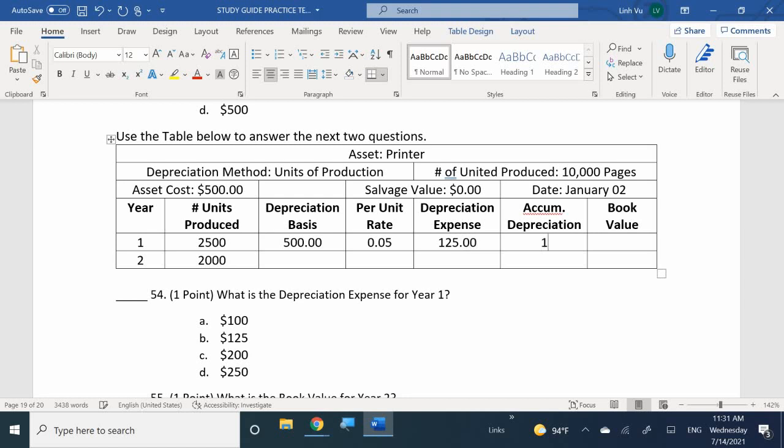Okay. So therefore, that's going to bring your book value to 375. 500 minus 125 gives you 375.